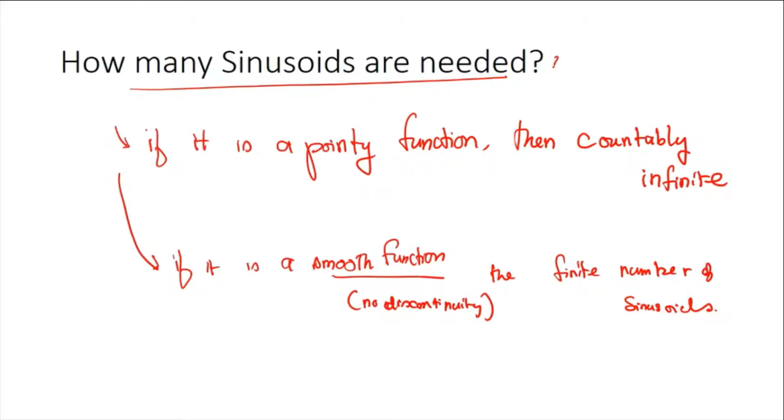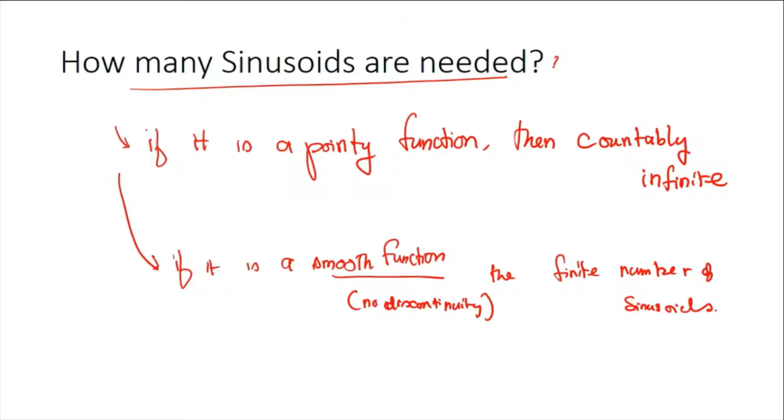So what is countably infinite? Well, the natural numbers are countably infinite because you can go 1, 2, 3, 4, 5, and so on and so forth. So you can actually count them. And then how many natural numbers are there? There is infinite. This is in contrast to uncountable infinity, which is like real numbers. How many real numbers are there? Can you start counting real numbers? No, you cannot count real numbers because there is 0.0000. Well, you can never count real numbers. So that is an uncountably infinite.